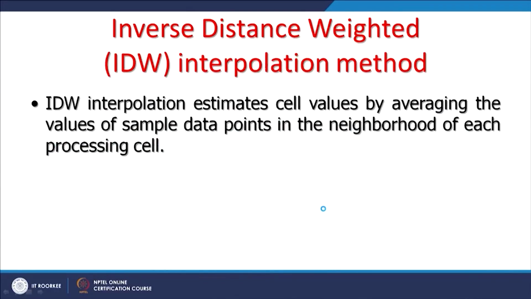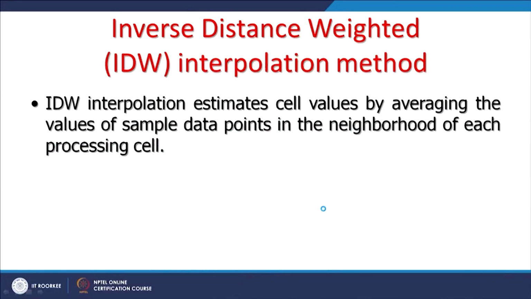An exact interpolation of this kind is IDW, the inverse distance weighted interpolation method, in which points that are very far from the cell being estimated will have less weightage.